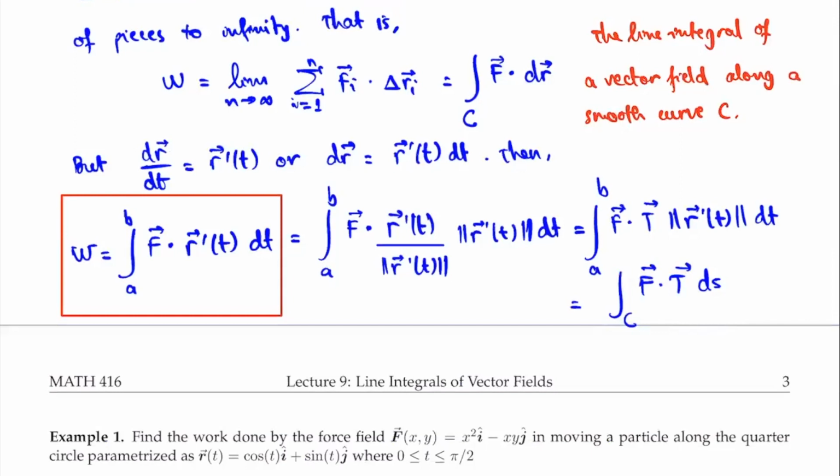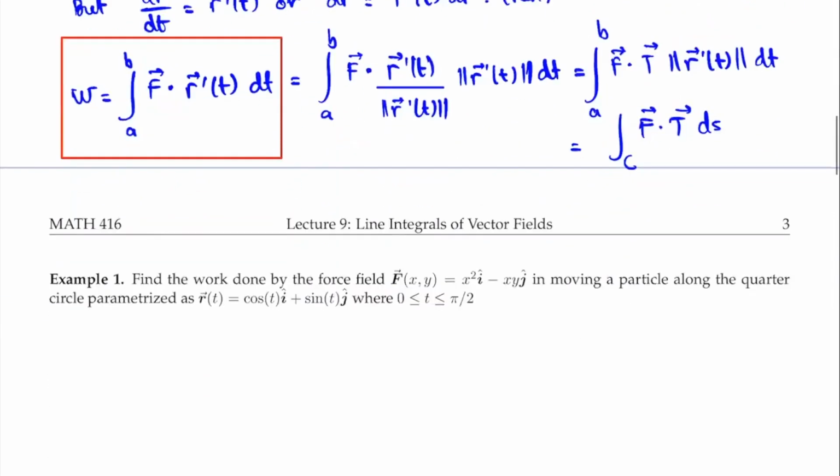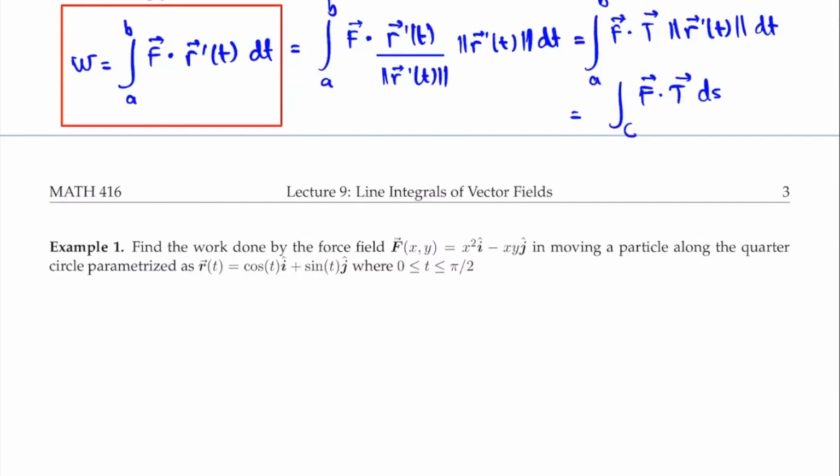Now we're going to use this formula and apply it to some situations. For example 1, you have the vector field F of the point x squared comma negative xy, and you want to find the work done by this force field in moving an object along a quarter circle.